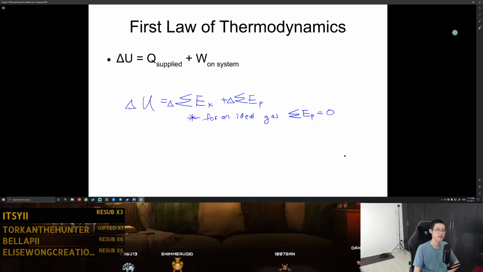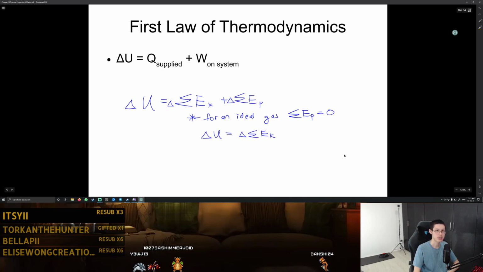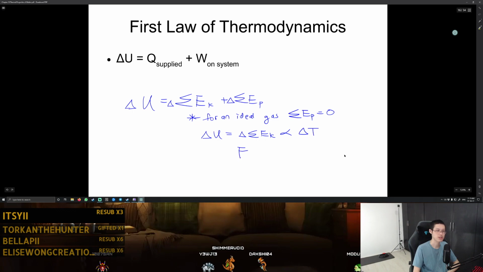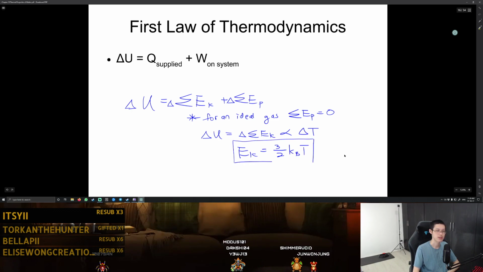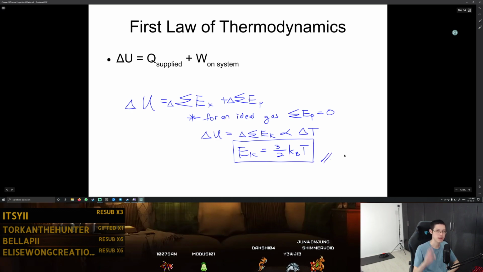So for an ideal gas, a change in the internal energy would be directly proportional to the change in the kinetic energy, which is directly proportional to the change in temperature, because the kinetic energy is equal to 3/2 kBT. Remember that? We did this in the last chapter. Well, 2 chapters ago. So that is something important that you have to know.